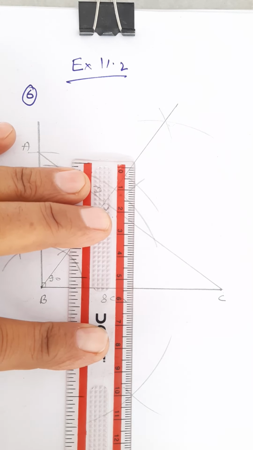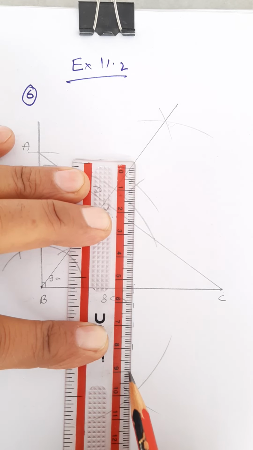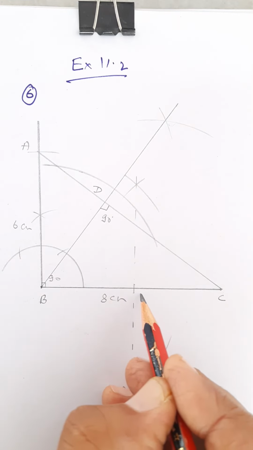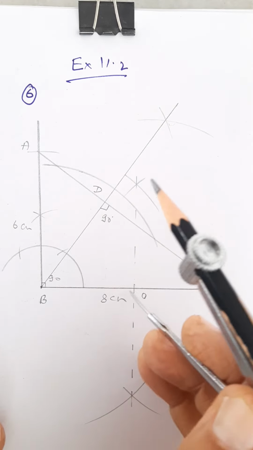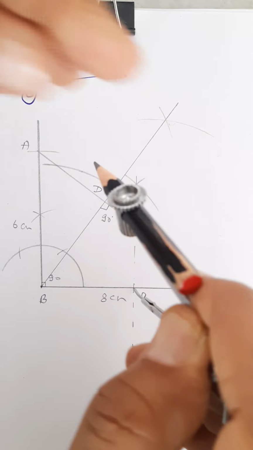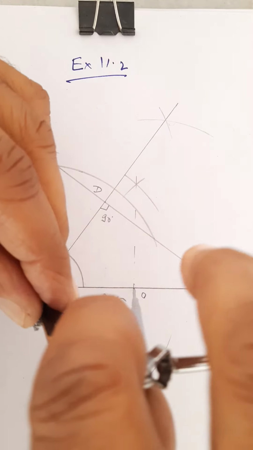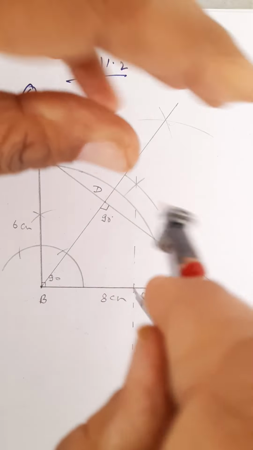With the help of this perpendicular bisector, we will be able to find the midpoint. Our main objective is to find the midpoint. So this O is the midpoint of BC. Now, when we take this midpoint and take OD as the radius, definitely this circle will pass through all the points.